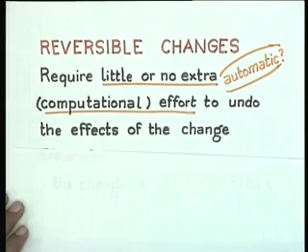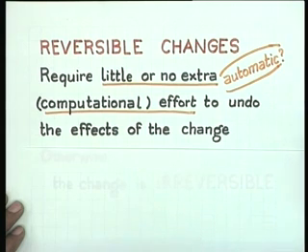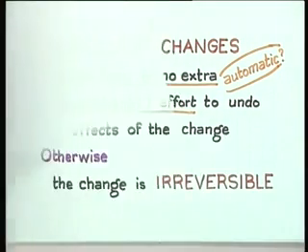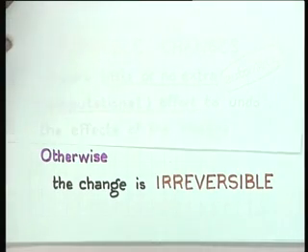So we will look upon these reversible and irreversible changes in essentially the same fashion. Very often a reversible change is one which can be undone automatically or with very little computational effort, and an irreversible change is one in which you might have to expend at least as much computational effort to undo the change as you required to make the change in the first place. Such changes we call irreversible.